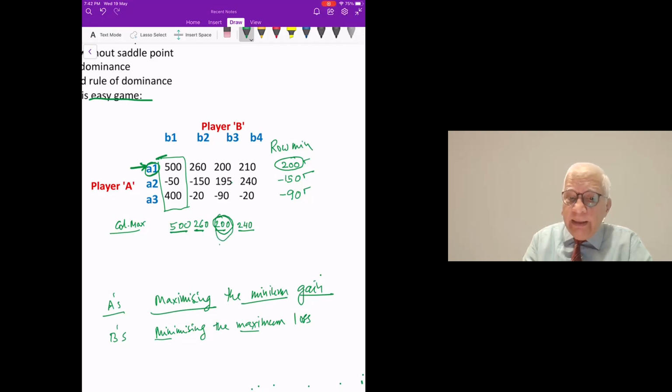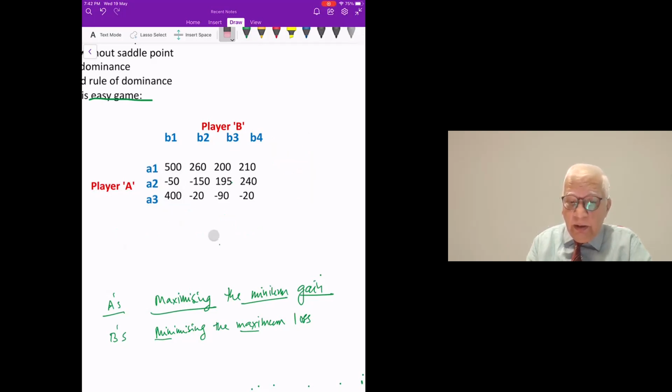Can you see that the row minimum of 200 is also the column maximum?